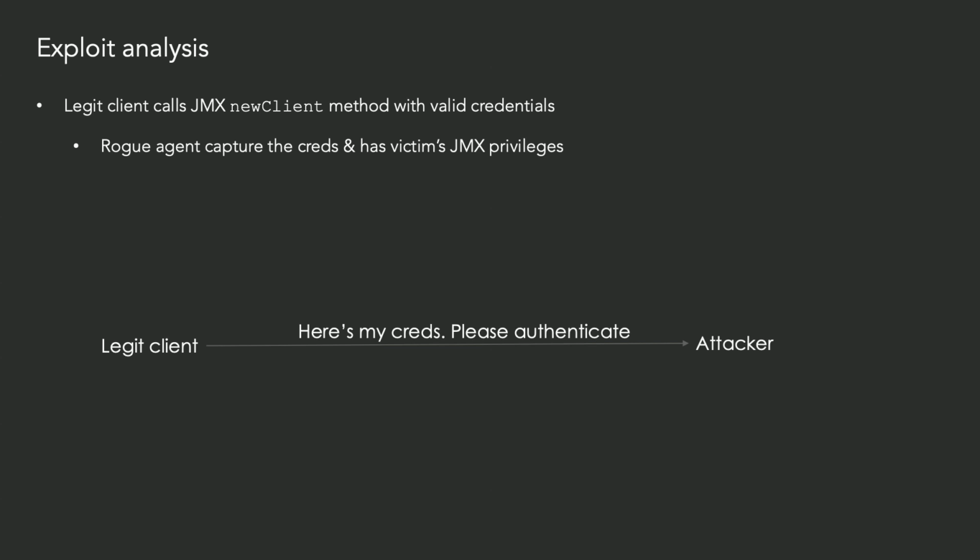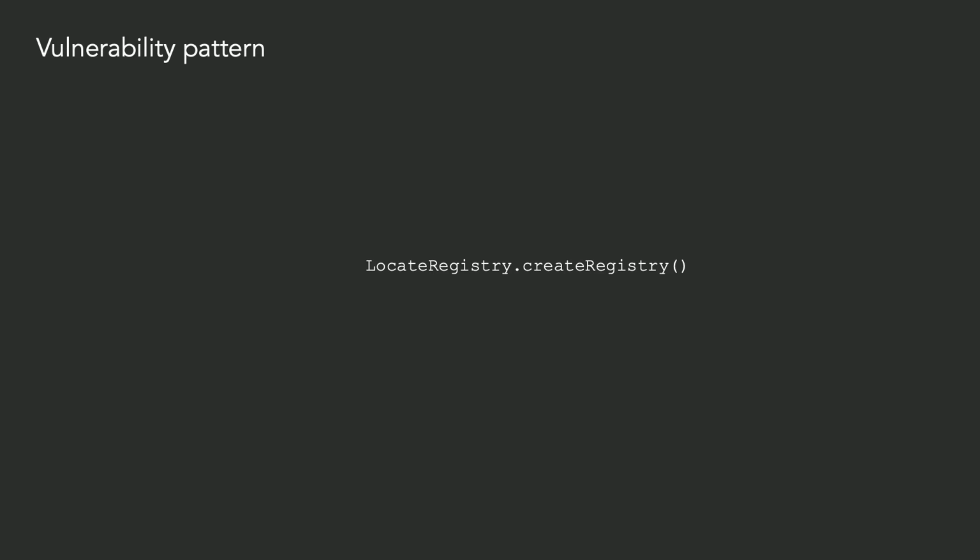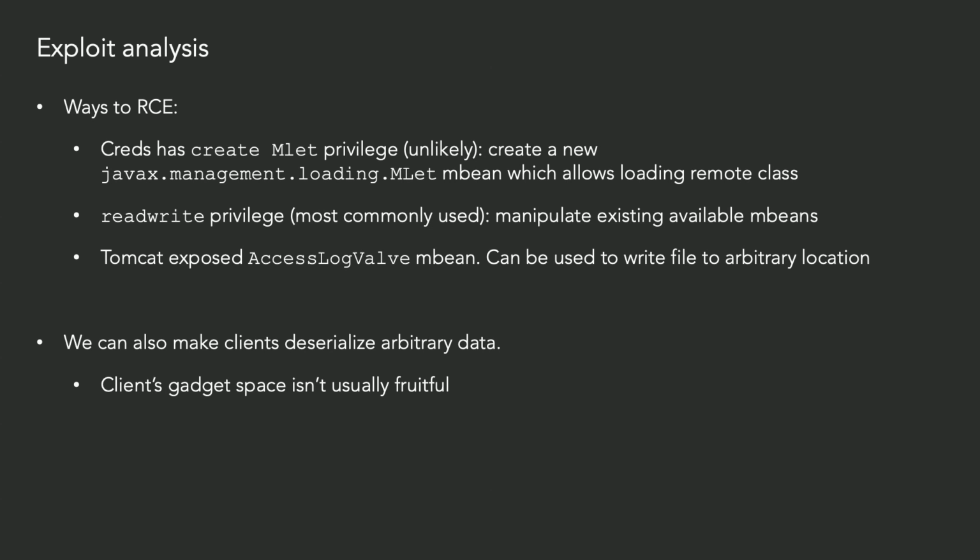The legit client will then pass the credentials to the attacker, and the attacker can gain privilege. The vulnerability pattern is very simple. This is actually the most common way to create an RMI registry, as stated by the Oracle documentation. So, in a way, Oracle is kind of not prepared for this.